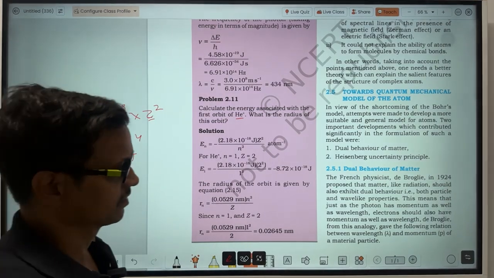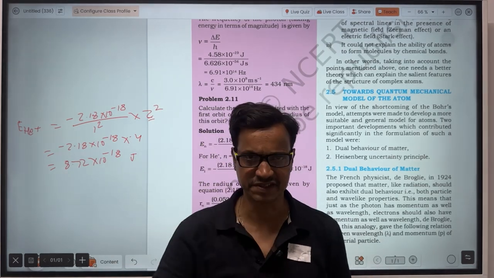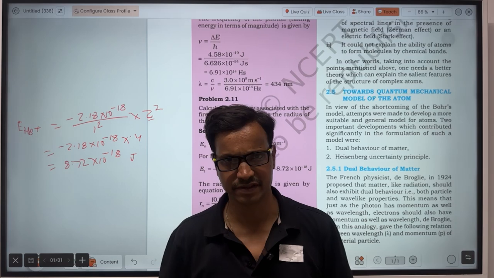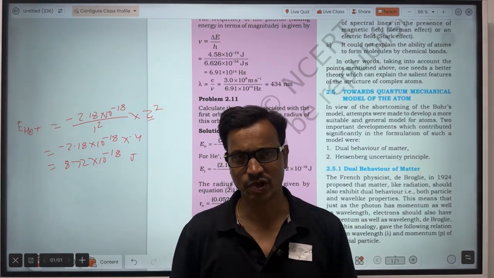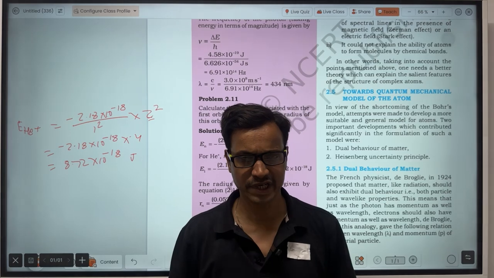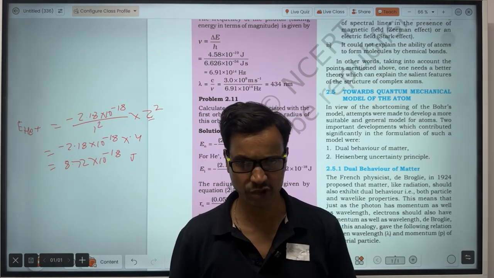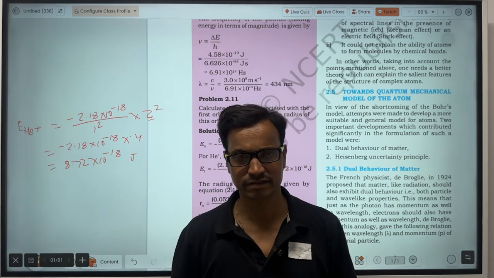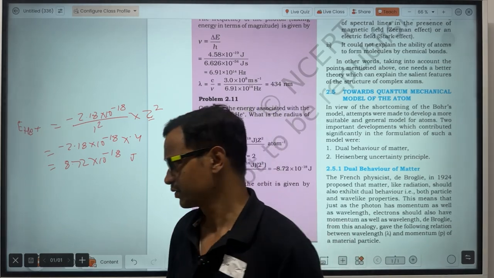Now what is its radius? In case of He plus, there are 2 protons in the nucleus, so it will attract the valence electron much more strongly than the nucleus of hydrogen attracts its electron.